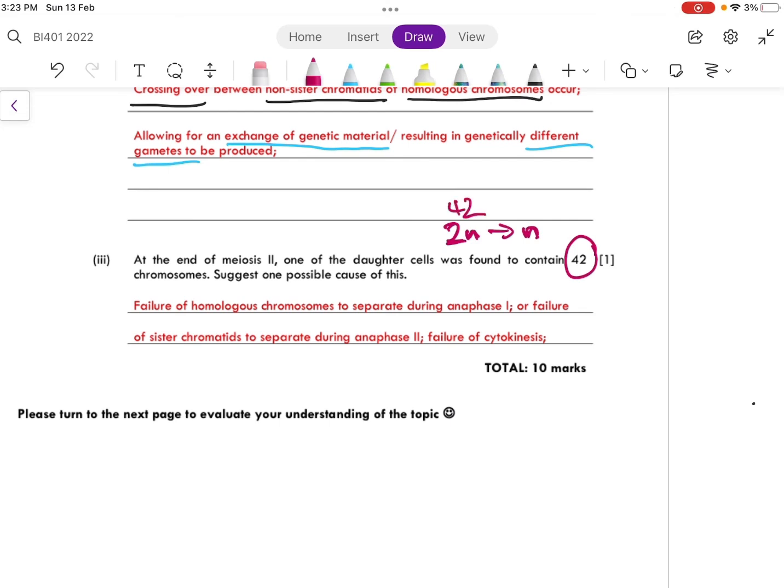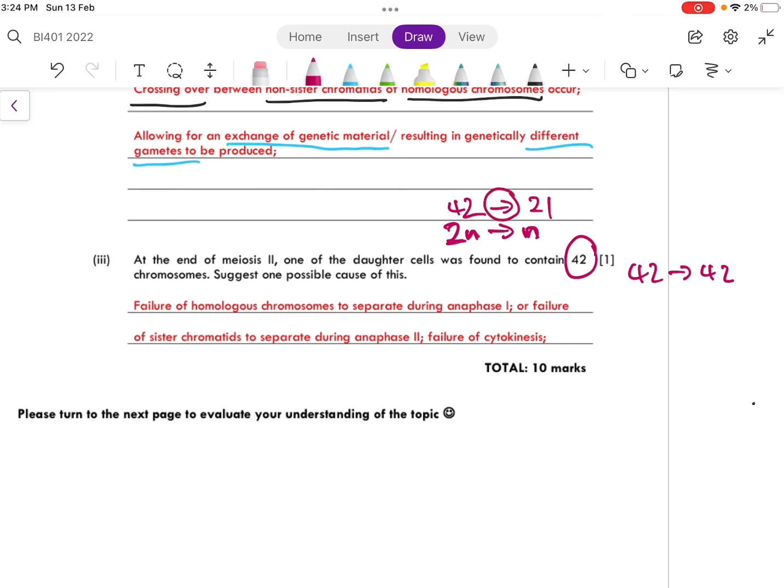So if it starts off with 42, it should end up with the half number, 21. But here, we still have 42. So what does this imply? The key question is, what causes the number of chromosomes to halve from 42 to 21?